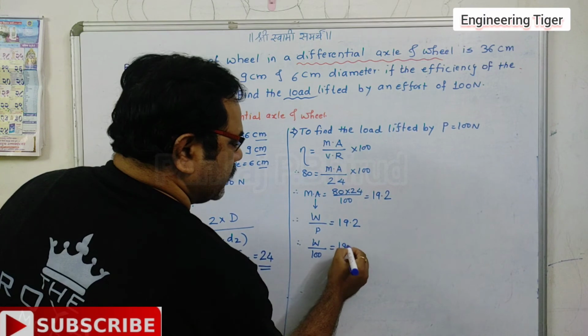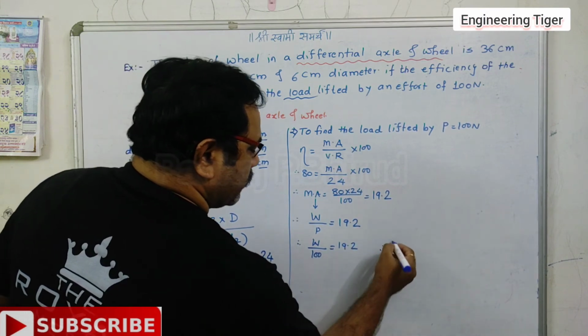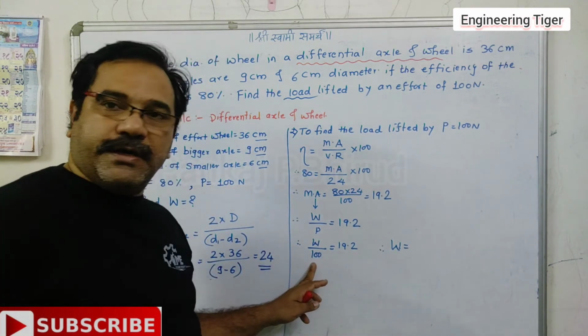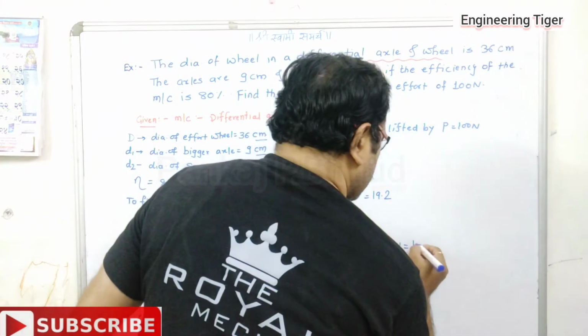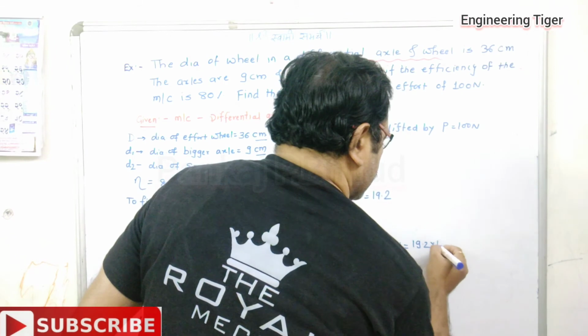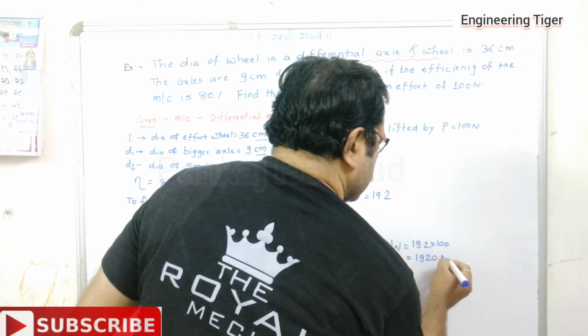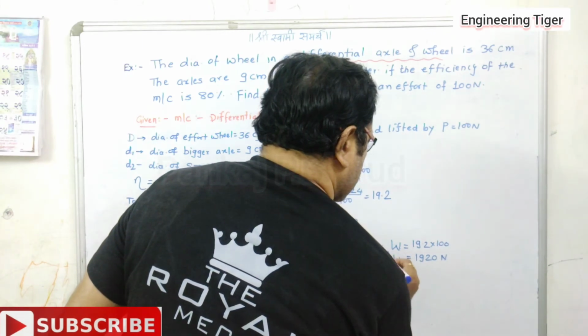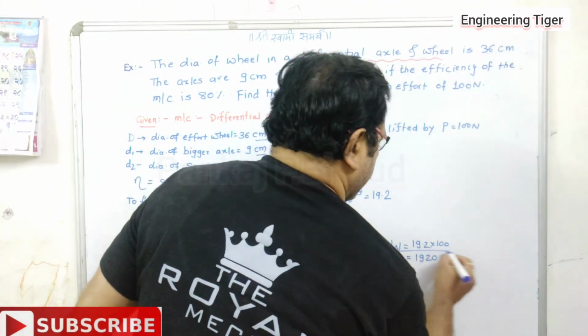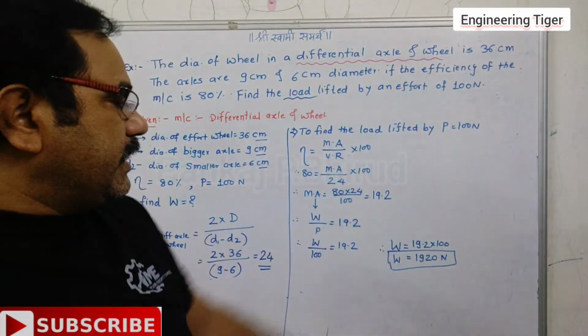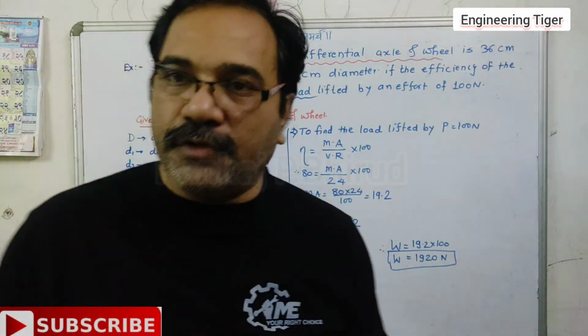Therefore W is equal to 19.2 into 100. So you will get 1920 Newton. So the load lifted by the effort of 100 Newton is 1920 Newton.